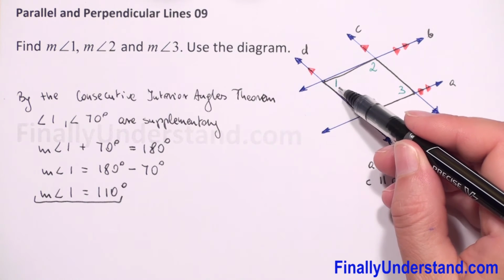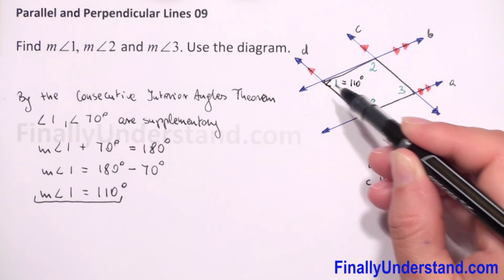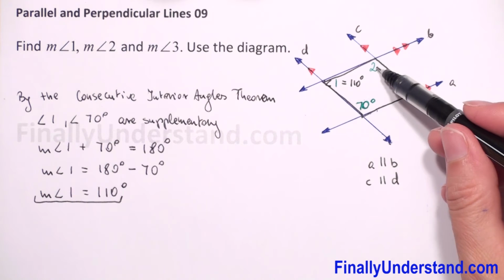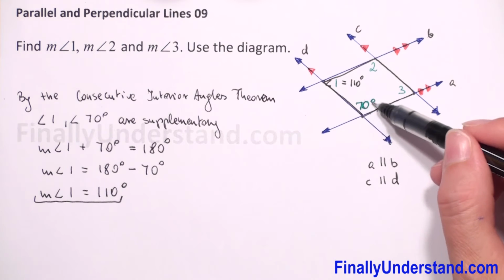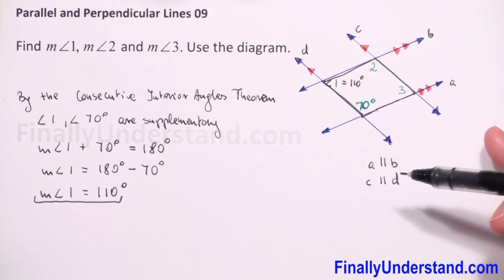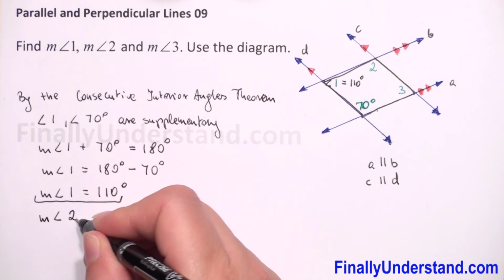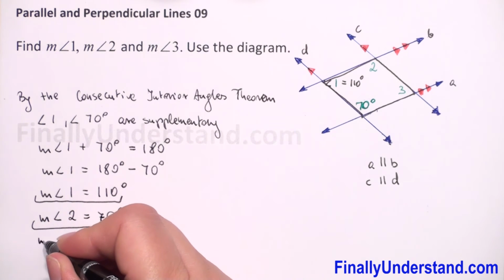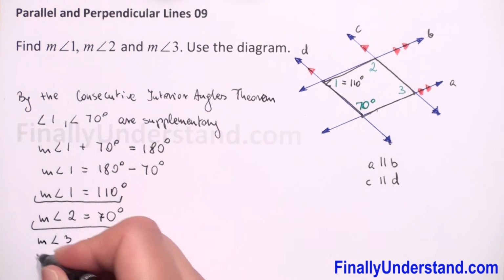So we found that angle 1 has 110 degrees. So it means that measure of angle 3 will be the same, 110 degrees, and measure of angle 2 will be the same like measure of this angle. So this is 70 degrees. So we had that measure of angle 2 is equal 70 degrees and measure of angle 3 is 110 degrees.